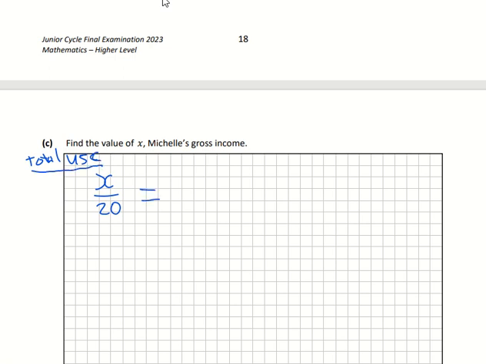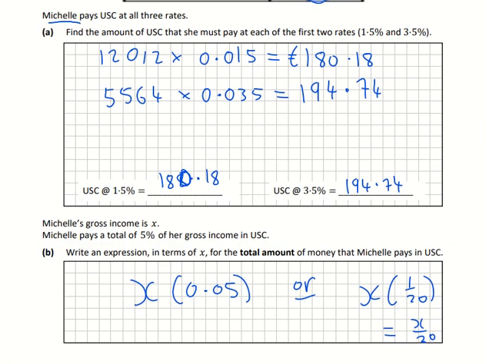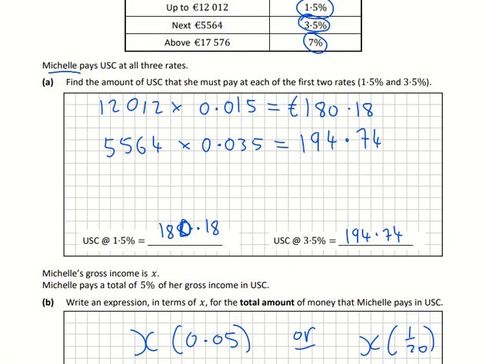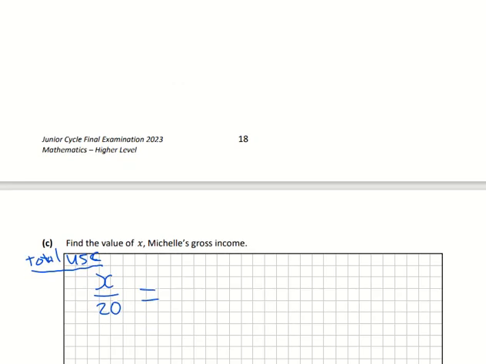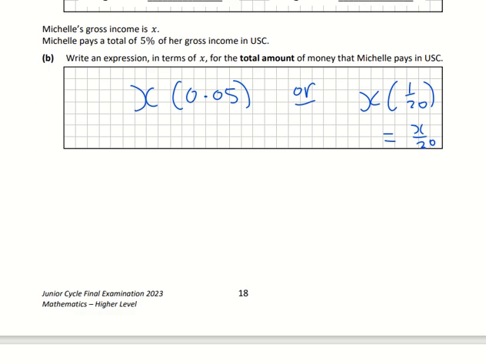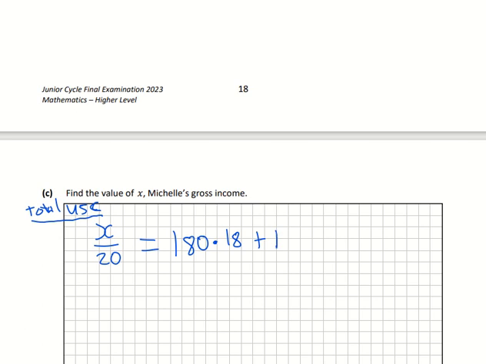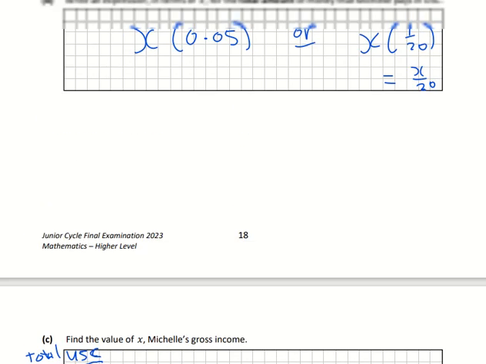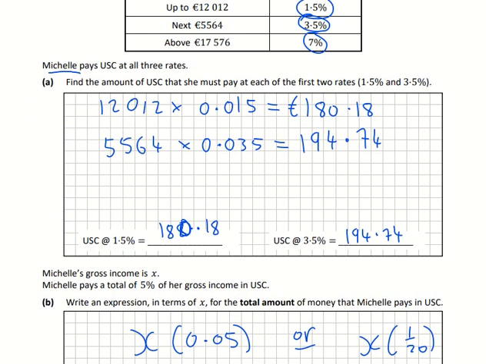That then has to be equal to the amounts from part A that she already pays, so 180.18, and we also know she pays 194.74. So that's on the first bit of her wages, and then the second bit of her wages.